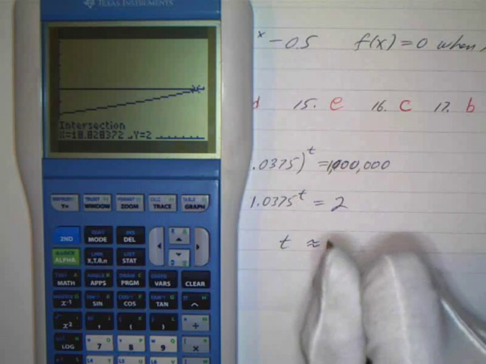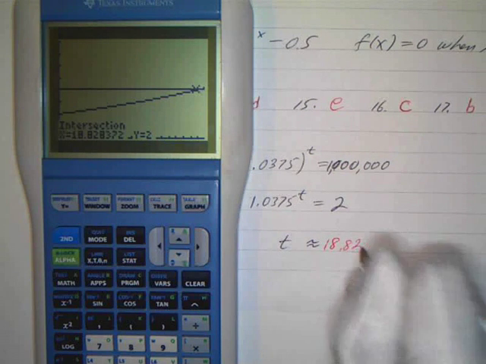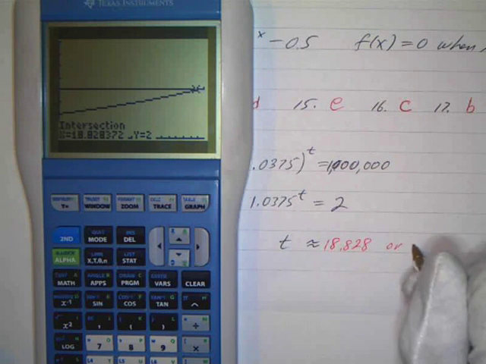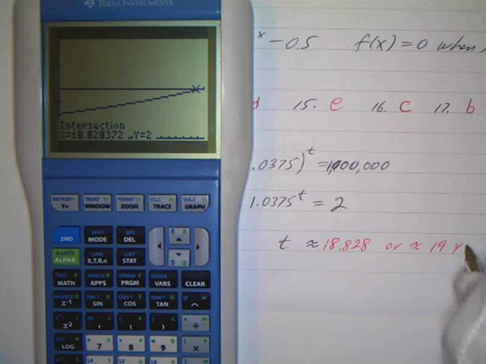So t would be about 18.828, or if we round off to years, approximately 19 years. So we'll take 19 years for the population to reach 1 million, because every year we keep multiplying it by that 1.0375.